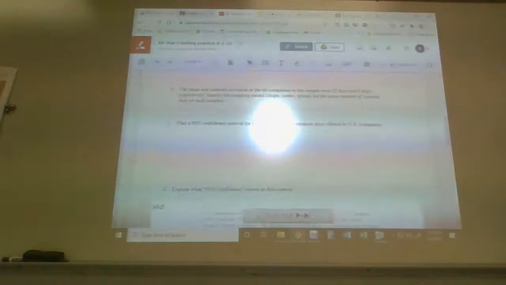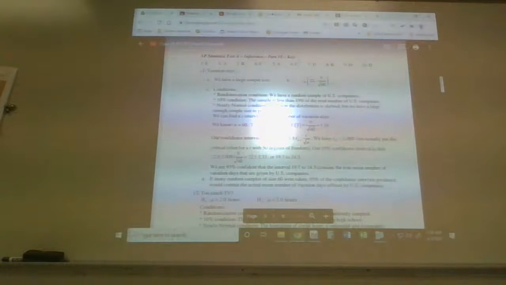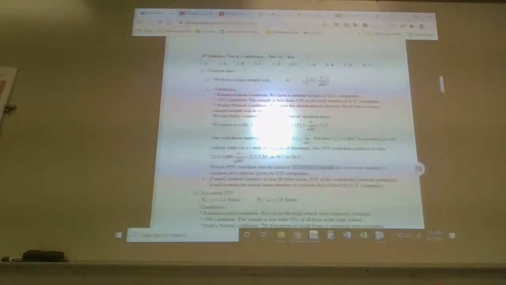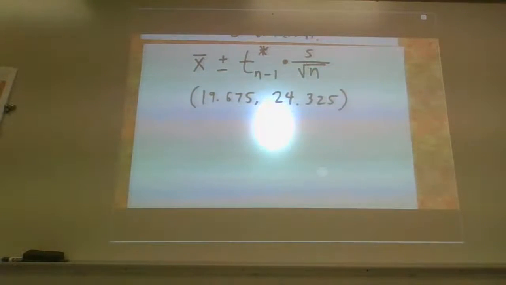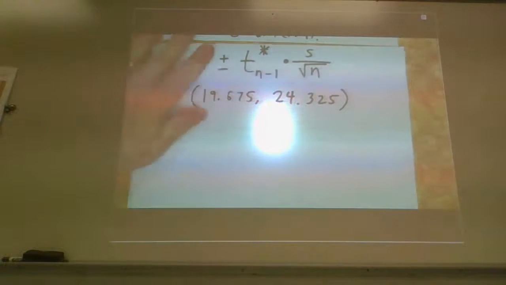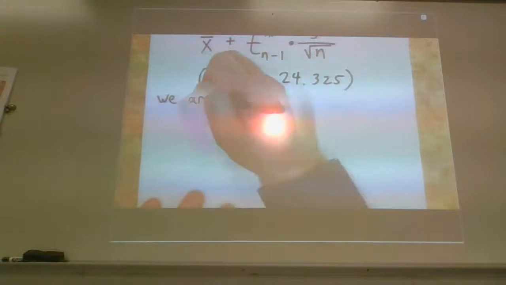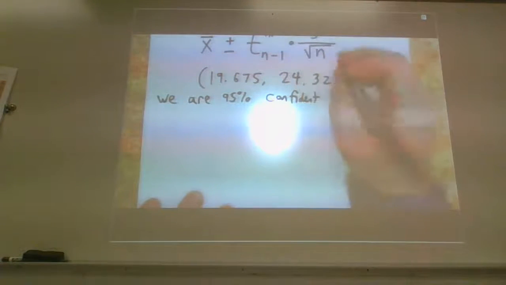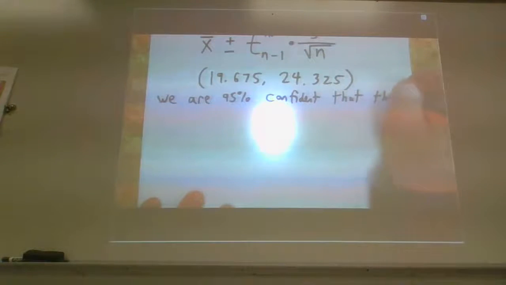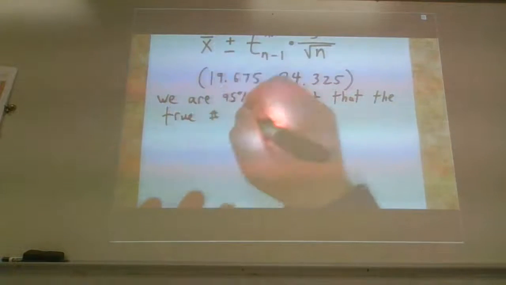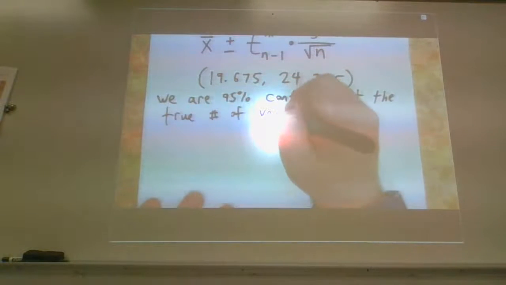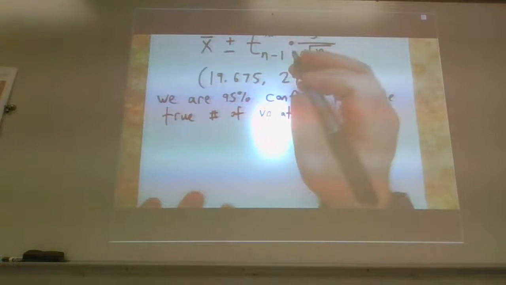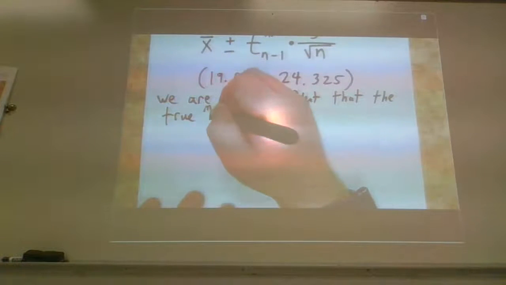Let me make sure right here we got the right interval. 19.7 to 24.3. Yeah, nailed it. Let me just interpret it for the sake of argument. Here's the interpretation. We are 95% confident that the true number of vacation days, I'm sorry, I shouldn't say true number, but true mean.